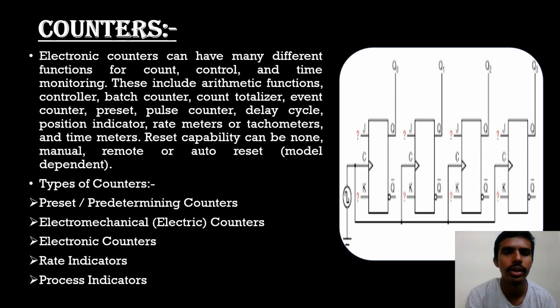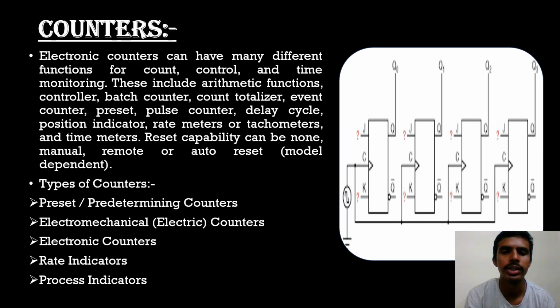Counters. Electronic counters can have many different functions for counting, controlling, and time monitoring. These are the vital roles that are played by counters in the industries, and these include arithmetic functions, controllers, batch counters, count virtualizers, event counters, preset, pulse counters, delay cycles, position indicators, rate meters or tachometers, and time meters.